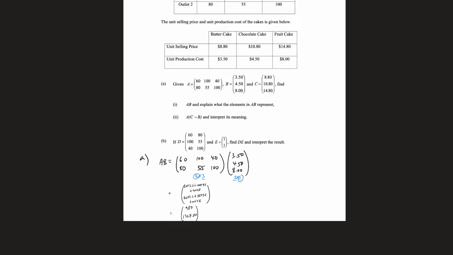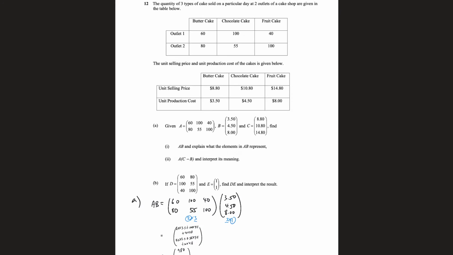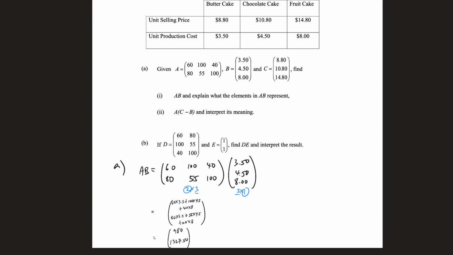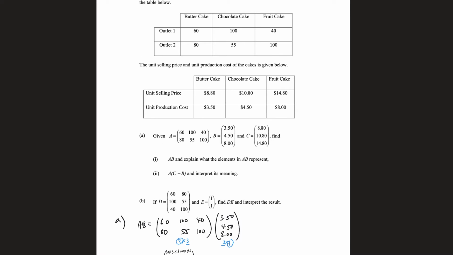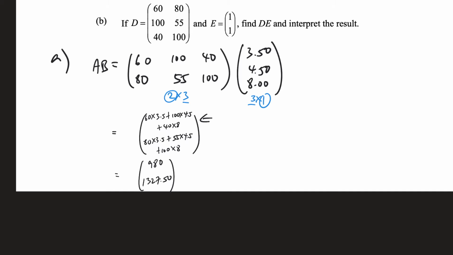So this is the total cost of producing the butter cakes at outlet A, the total cost of producing chocolate cakes at outlet A on that same day, and the last one is the total cost of producing the fruit cakes, all 40 of them, at outlet A. So this is the total production cost for outlet A, and this is the total production cost for outlet B.